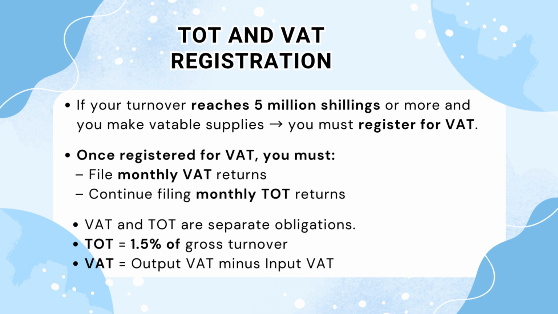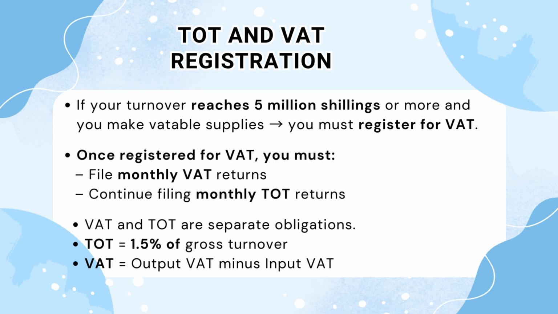It is important to understand that VAT and TOT are separate obligations. TOT is calculated as 1.5% of your total gross sales, and VAT is calculated differently. You charge VAT on your sales, which is called output VAT, and you deduct the VAT you paid on business purchases, which is called input VAT.